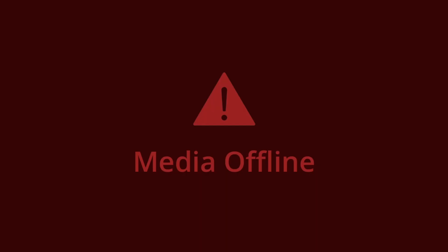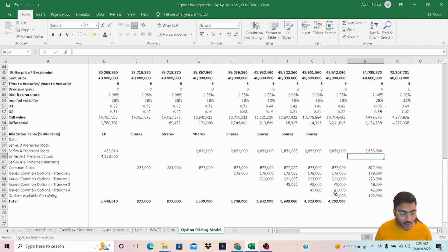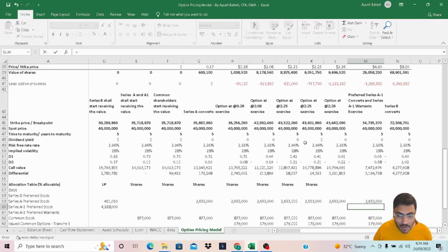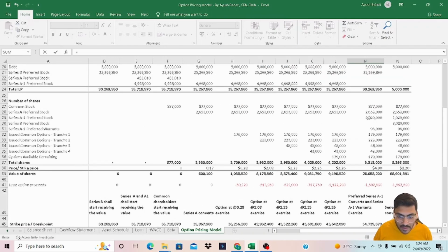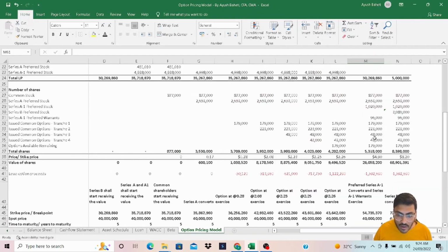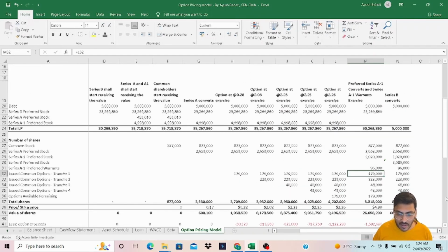So what is happening next is Series A preferred stock is converting, and Series A1 preferred warrants are exercising their options. So I'll link the number of shares. So this is Series A preferred stock. Series A preferred stock is this, and Series A warrant is 96,000.